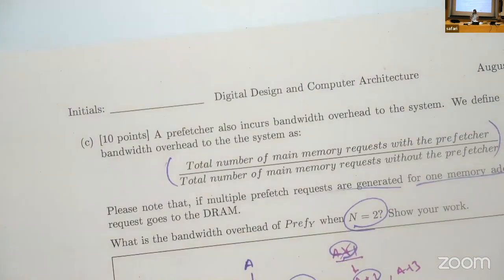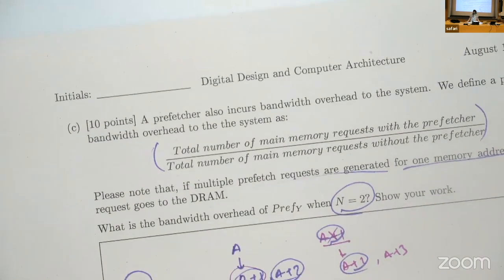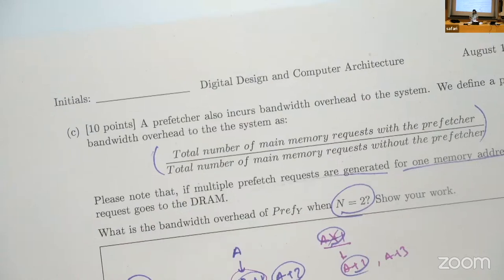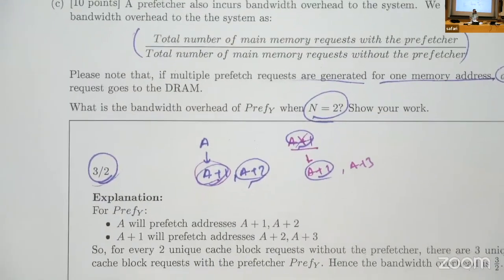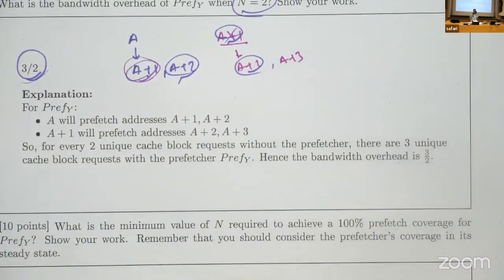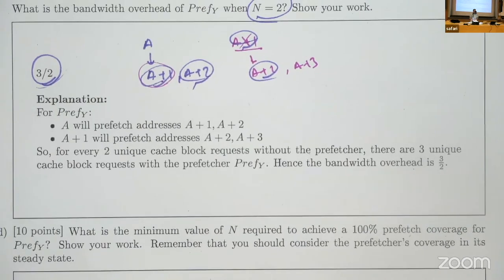Sorry, correction. So, okay, now we are in this question. We want to have 100% coverage, meaning that by performing prefetches, we want to get all the data that we want to access in the future.